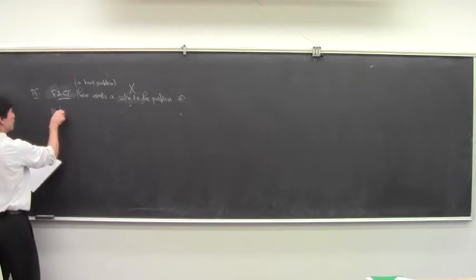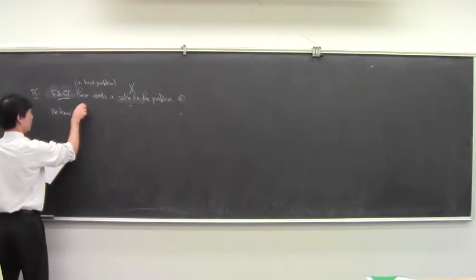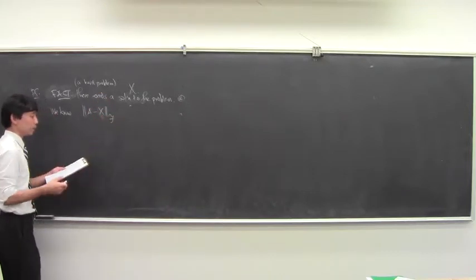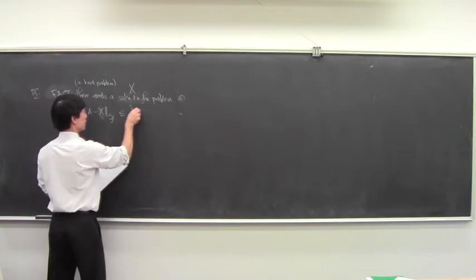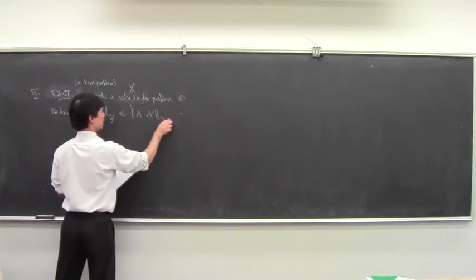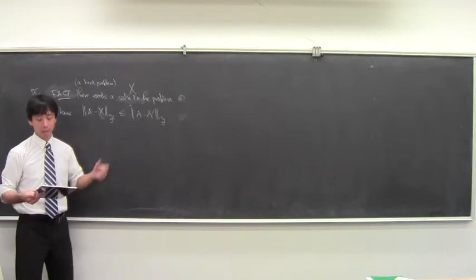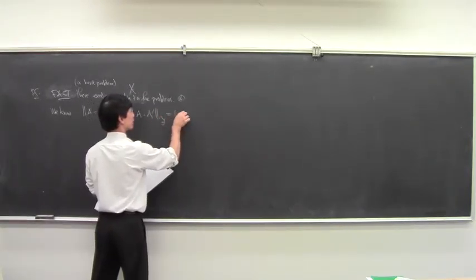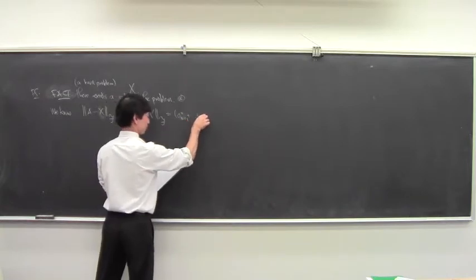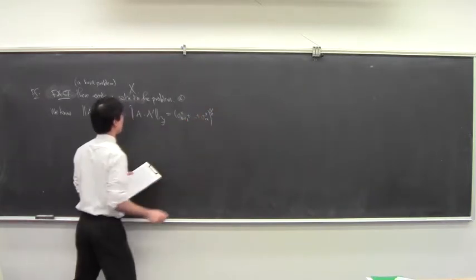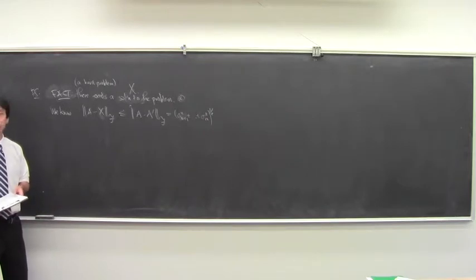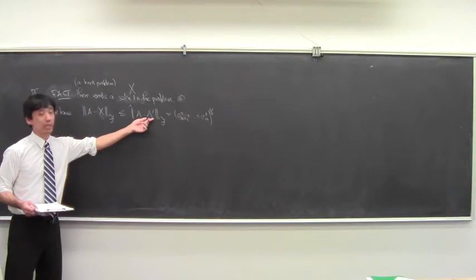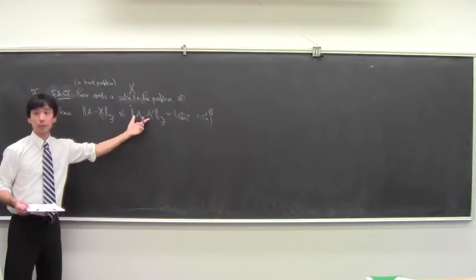We know that the distance of A to X is minimal, so it's less than or equal to the distance from A to A prime, which we just saw was this. This is minimal, so if we take any other matrix, the distance is going to be greater than or equal to.